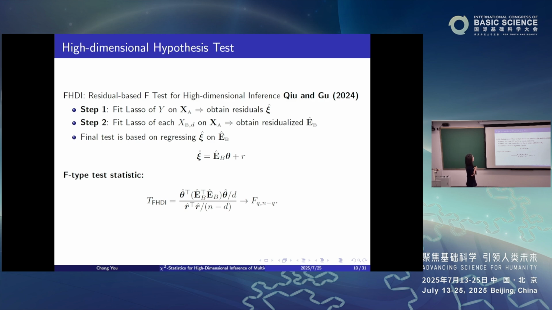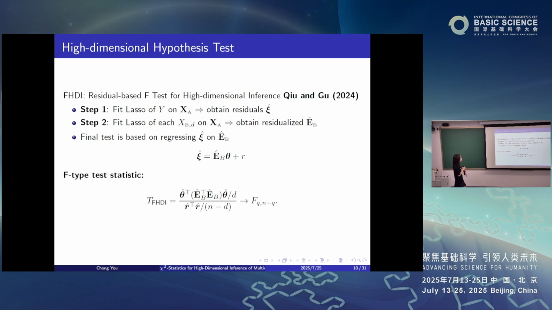It's called FHDI, the F test for high dimensional inference. It is basically a residual based F test for high dimensional inference, a work from Chong and group, 2024.